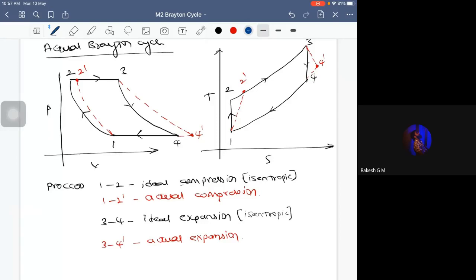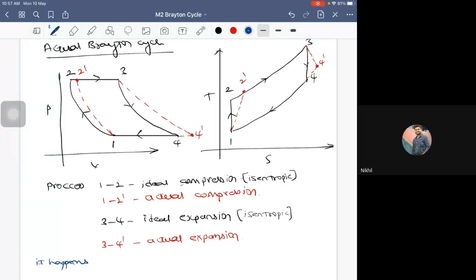And this all happens. Why does it happen? Anyone? Why is there a difference between an actual thing and an ideal thing? Loss of energy.